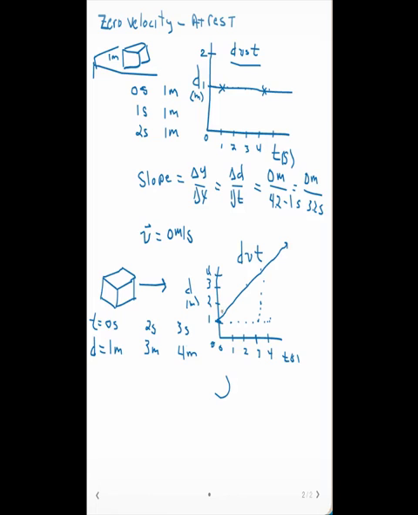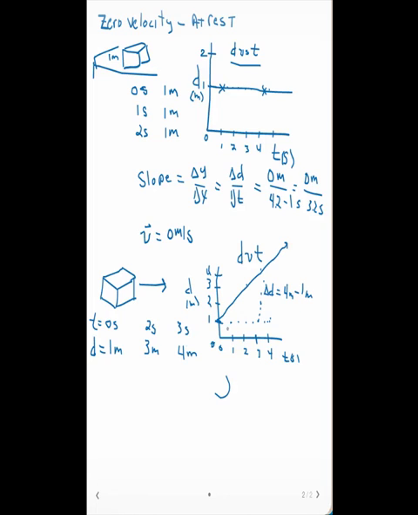All right, so it goes from 1 meter to 4 meters. The change in y, the change in the distance, is equal to 4 meters minus 1 meter.